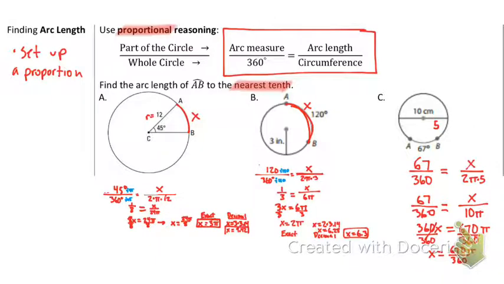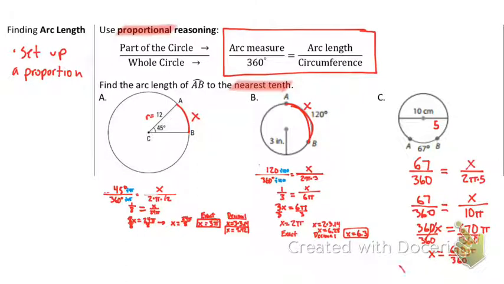Okay, we can reduce the fraction to get the exact answer if you like. For example, I could reduce by 10, it would be 67 over 36 pi. But remember the directions. In this case, we really don't want the exact. It keeps telling us we want the nearest tenth. So what I'm going to do is divide 670 divided by 360 and then times it by pi.